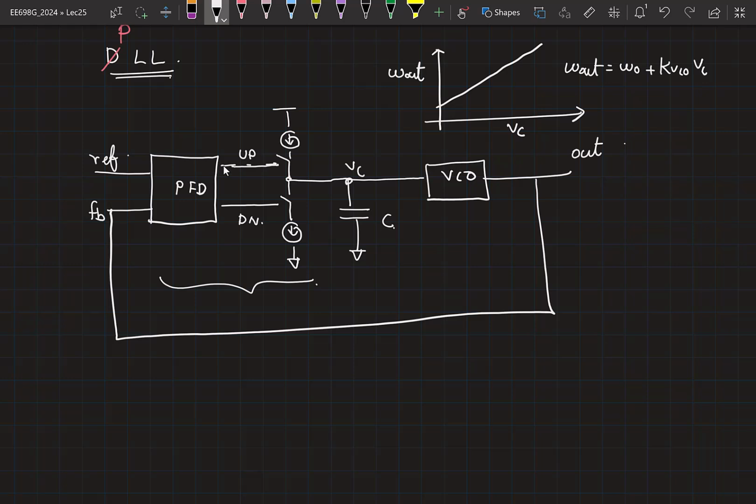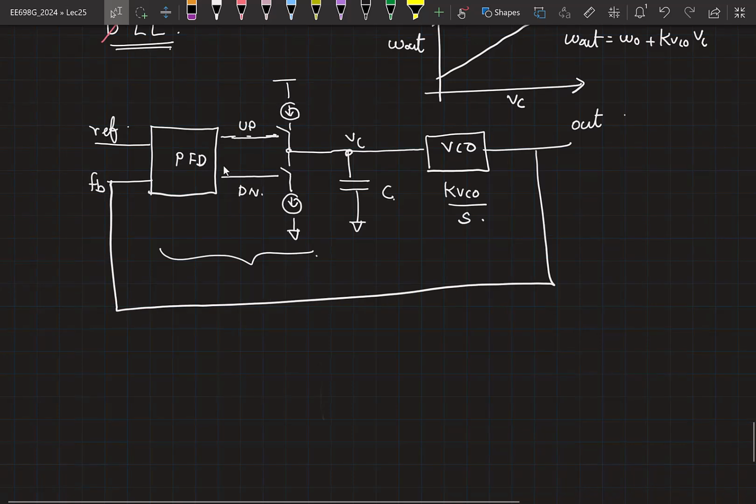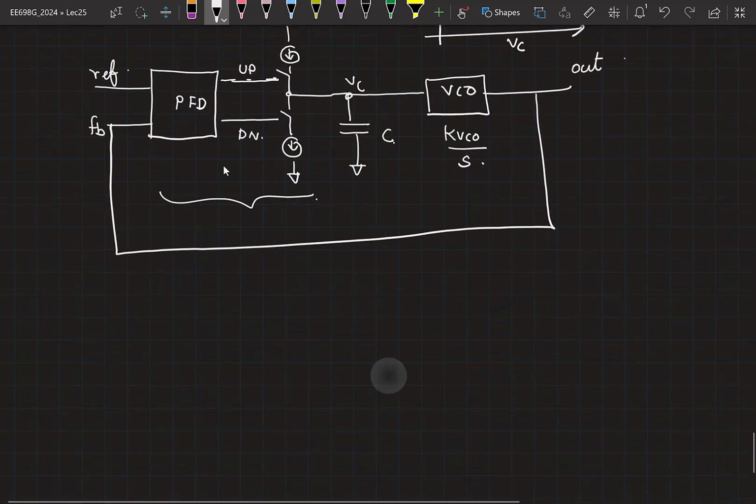What will you replace the VCO with? Integral. So in the S domain, 1 by S, right? So you will have K_VCO by S here. This is omega out. To get phase, you will have to integrate, and integration becomes 1 by S. So let me construct a small signal phase domain model quickly.